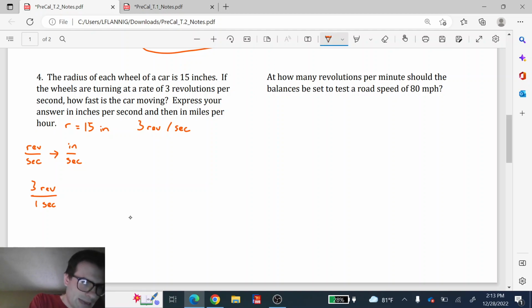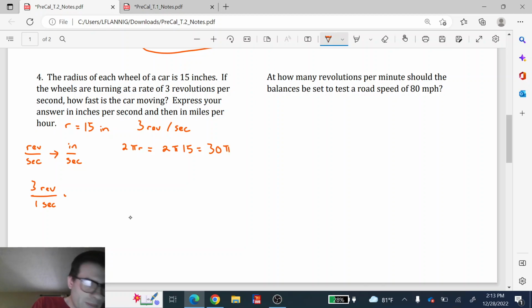So the way you can do that is multiply. We know that the whole way around, the whole revolution, is equal to 2πr for the circumference. So in this case, 2πr is the same thing as 2π times the radius, which is 15, which is also equal to 30π.